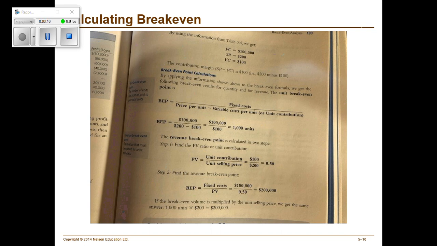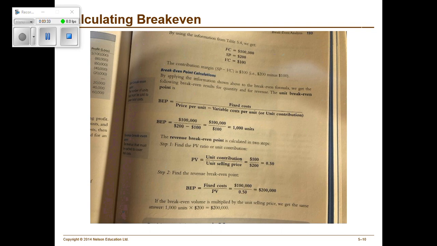If you remember, our contribution margin is your selling price minus your variable cost, in this case per unit. If we sell one, we get 200. The variable cost is 100, so our contribution margin is 100. Selling price minus variable costs.